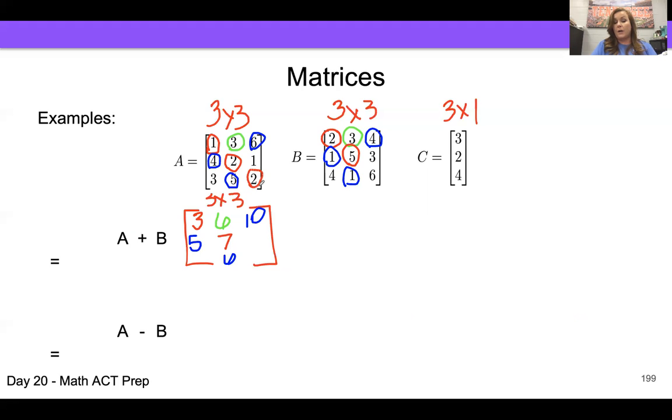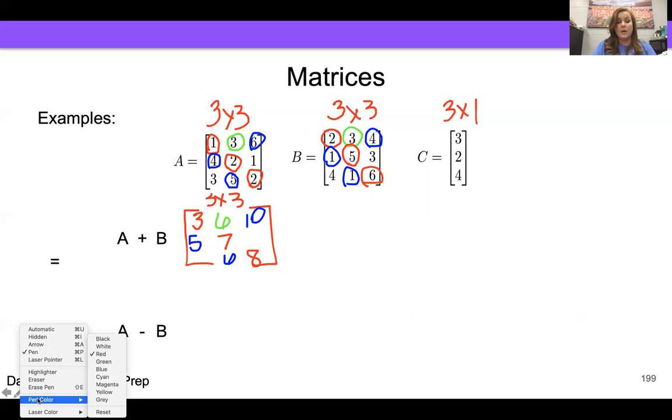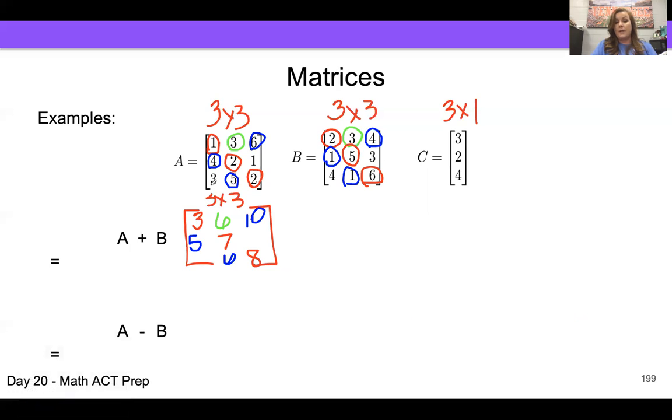I'm going row 3, column 3. 2 plus 6 is 8. You see they go in the corresponding columns. And here we get row 2, column 3. 3 plus 1 gives me 4. And 3 plus 4 gives me 7. And that's my answer. This right here, this is my exact answer.